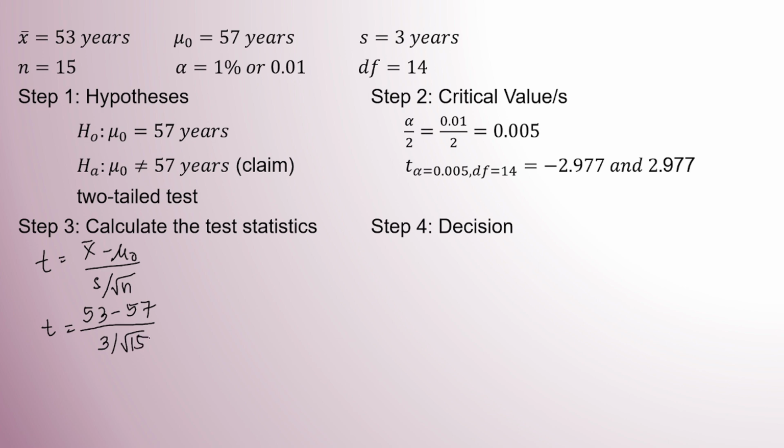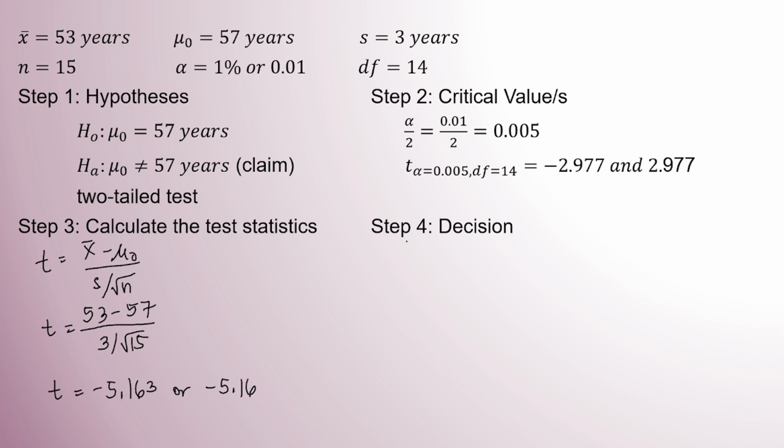So, make sure na tama ang pag-input sa calcu, lalo na at maraming involved na variables. 53 minus 57 all over 3 divided by square root of 15. So, ang t natin is negative 5.163. Or we can also use negative 5.16.